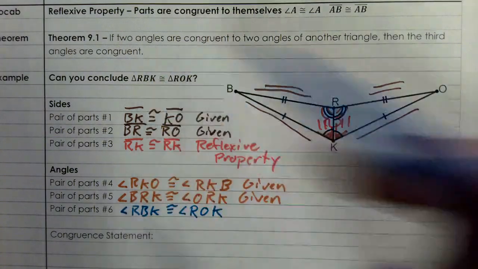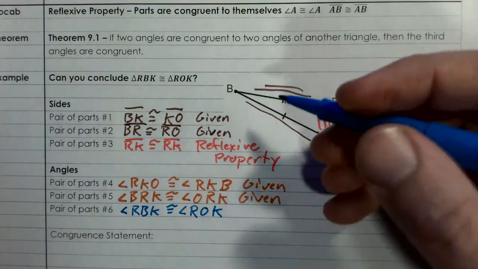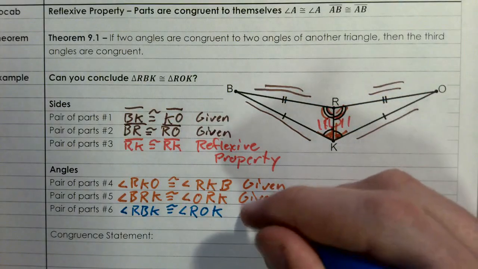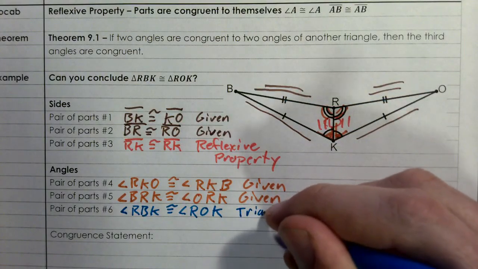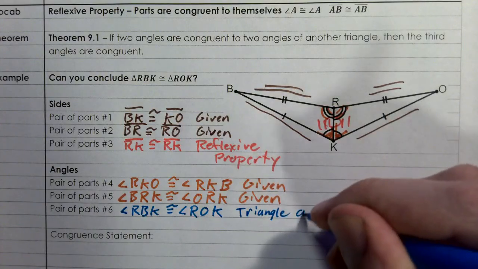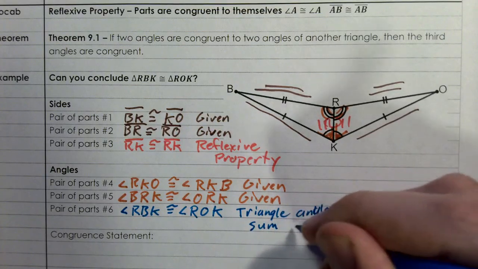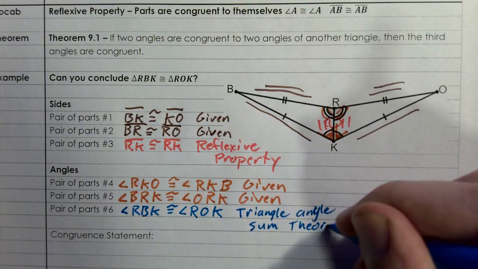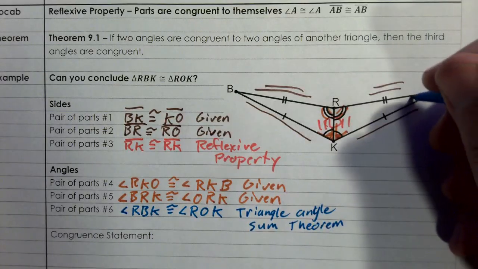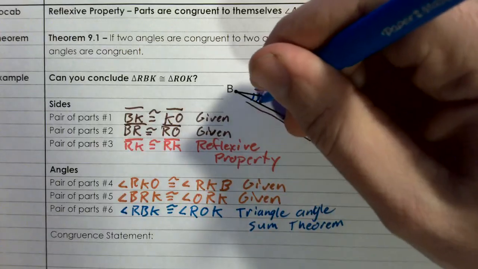And this one is using this theorem. You could write that theorem number, but I like to think about this theorem as the triangle angle sum theorem. And that lets me mark these angles as congruent.